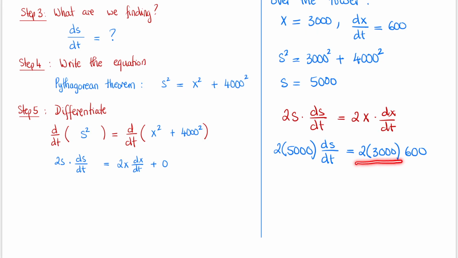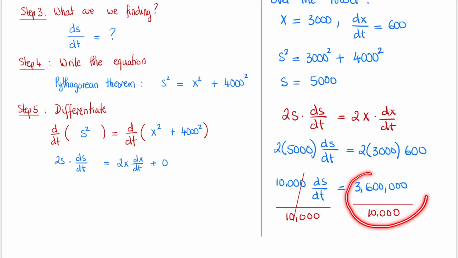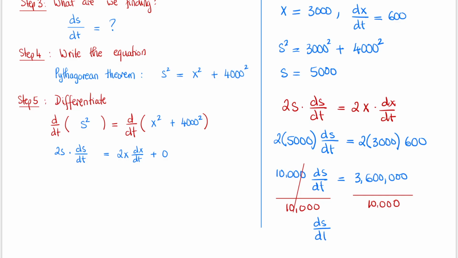Two times 3,000 times 600 is 3,600,000. And 2 times 5,000 is 10,000. Now, I divide both sides by 10,000. 3,600,000 divided by 10,000 is 360. ds/dt is the rate of change of the distance from the man to the airplane.